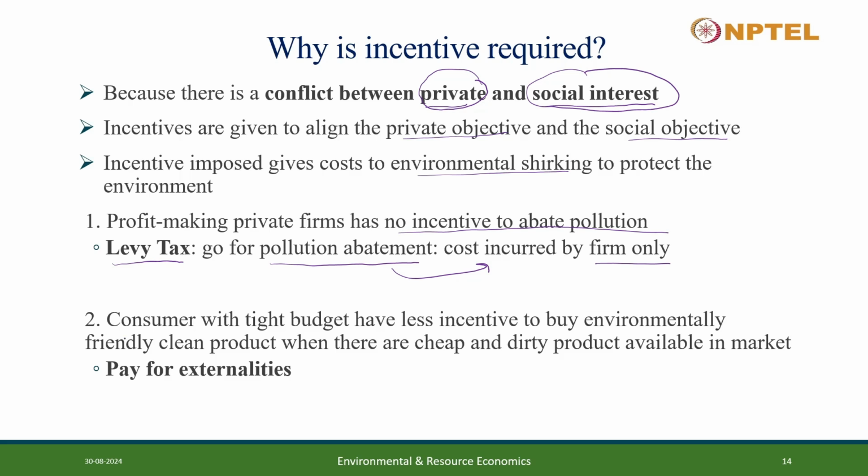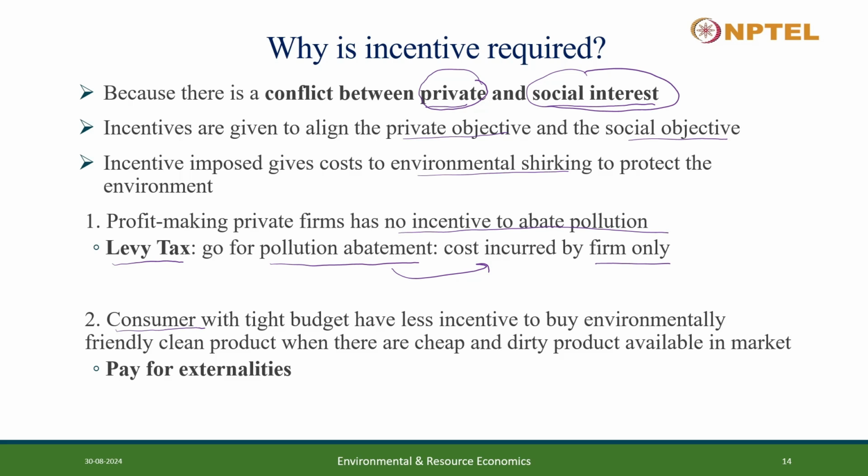The second one is the consumer. Let's say that if I am a consumer and I'm getting two products, one with higher cost and second with lower cost. So I will always choose the lower cost one when my budget is tight, right?